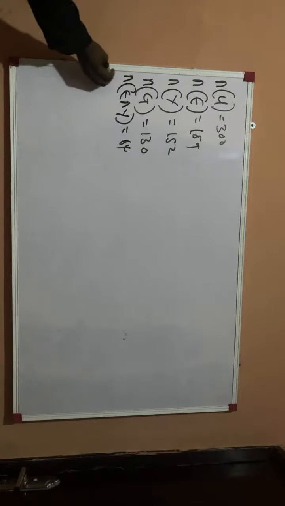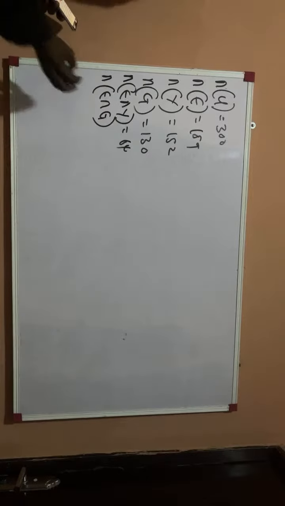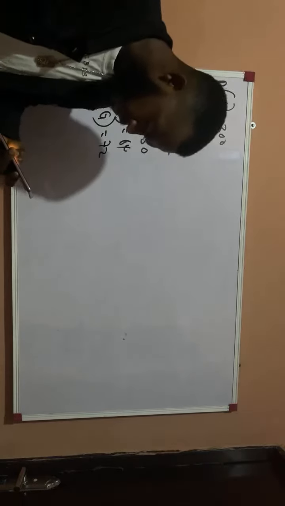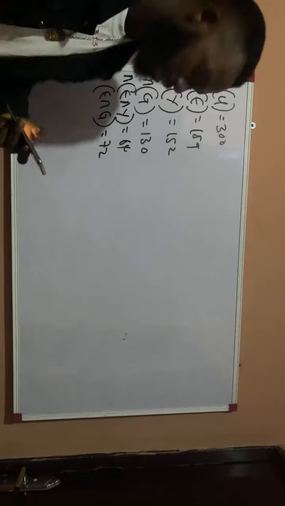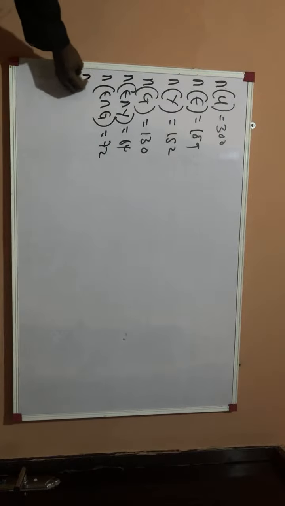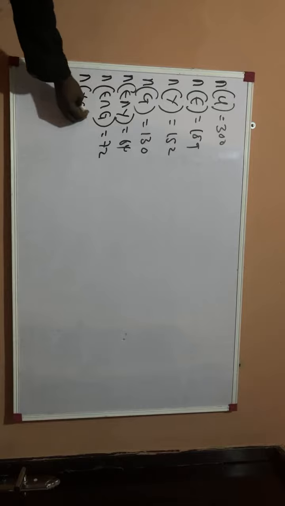The number of Efik and Guape was 72. And 56 liked Yoruba and Guape. The number of Yoruba and Guape was 56.